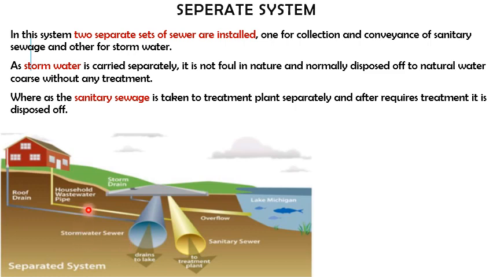If you provide two pipelines separately, what happens? What are the merits and demerits? They are going to ask in the examination, compulsory. You observe here, from the house, that is a residential area, this yellow line goes directly to the treatment plant, and the rooftop water, that is the rainwater, goes through a separate pipeline to the stream.